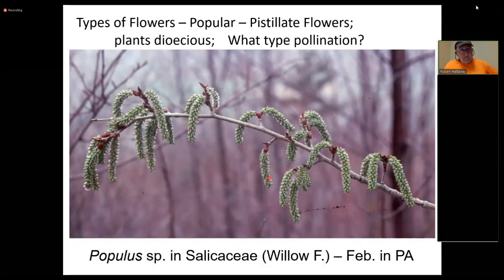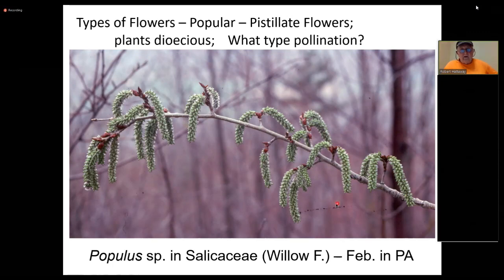Now, poplars, which is what this is, in Pennsylvania in February, are dioecious, just like willows, their relatives. And so you have these clusters of catkins, that is a catkin, clusters of pistils on one tree, and you have staminate ones on the other tree. I had some dirt on the slide here.